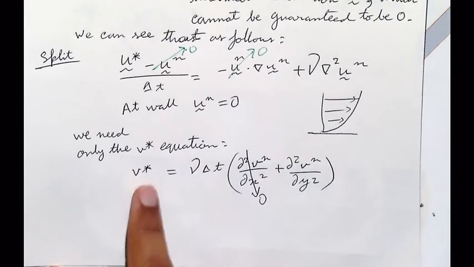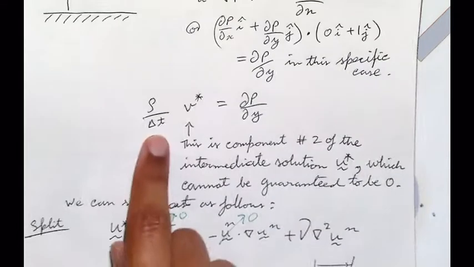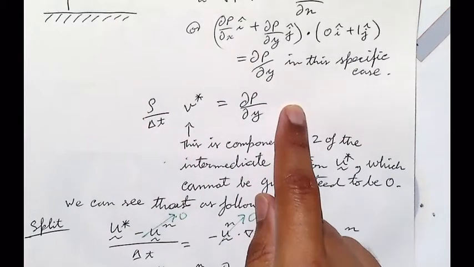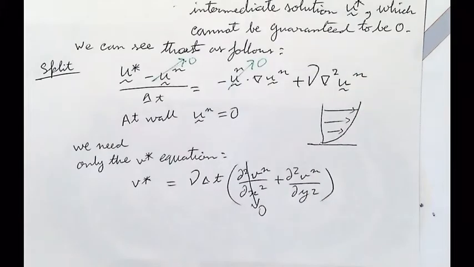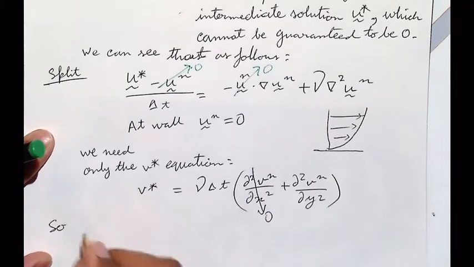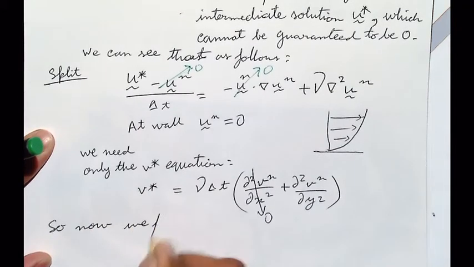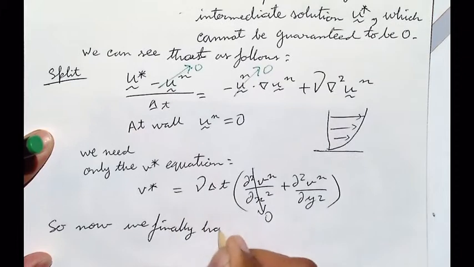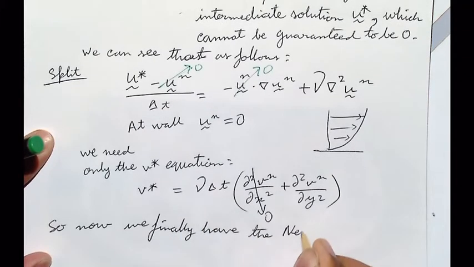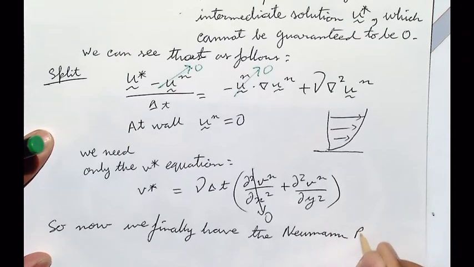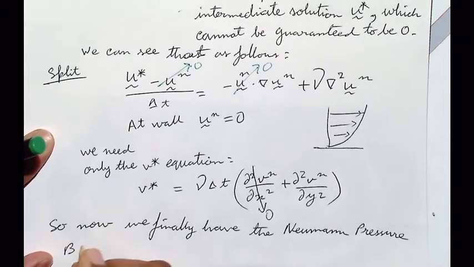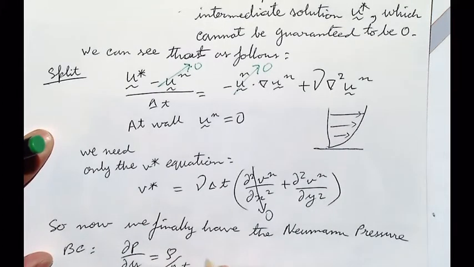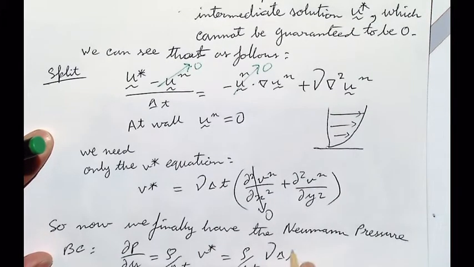So fine, now we know what V star is, and finally we have our Neumann condition for the pressure. Okay? So now we have the Neumann pressure BC, which is del P by del Y is rho over delta T V star, which is rho over delta T nu delta T del 2 V over del Y squared.